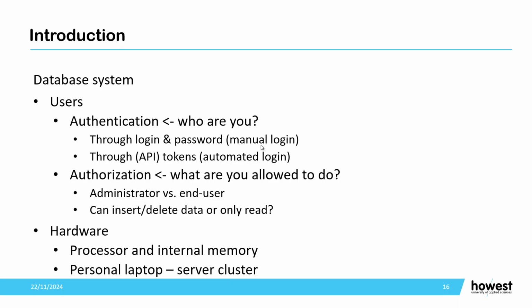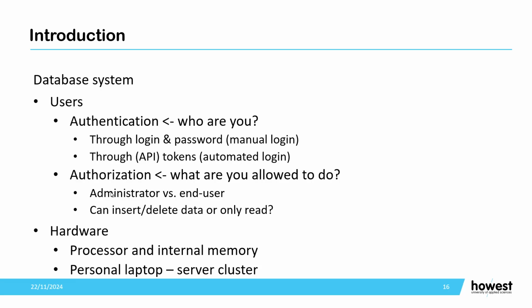Another way, often used when you automate things, is to create some API token. It doesn't have to be an API token, it can be another token, like a personal access token. But it is some way of saying who you are.